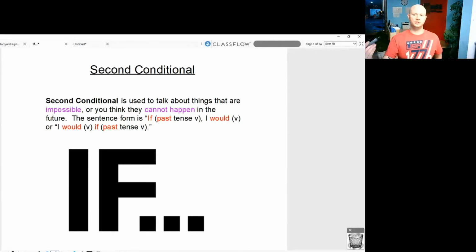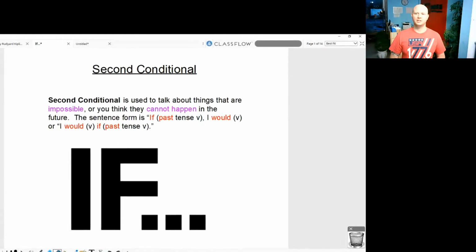So: if you, past tense verb, would you, verb? Okay? That's how to ask the question. Go ahead, get to know more about each other using this second conditional. So go ahead and use this structure to ask some more second conditional questions and answers with your partner to practice this structure. And when you're done, come back here.